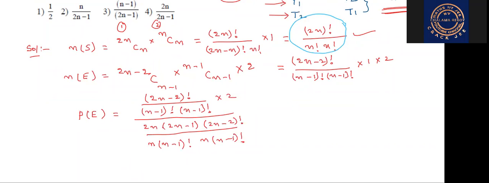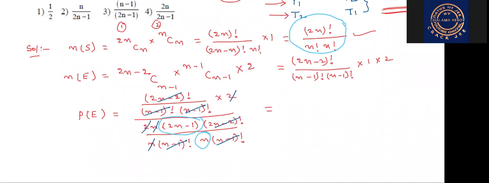Now see the calculation. 2n minus 2 factorial, 2n minus 2 factorial cancel. n minus 1, n minus 1 cancel. Next here n cancels. Here 2, 2 cancel. What is the remaining? Remaining terms are 2n minus 1 and n.